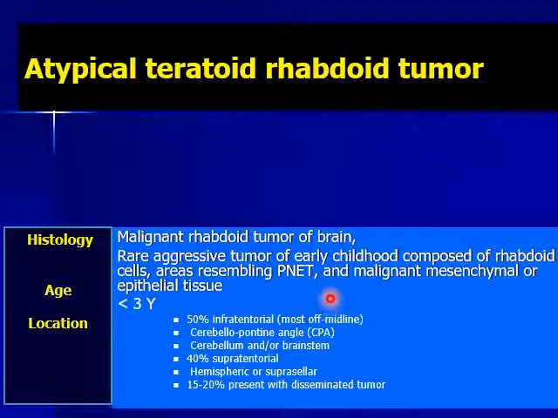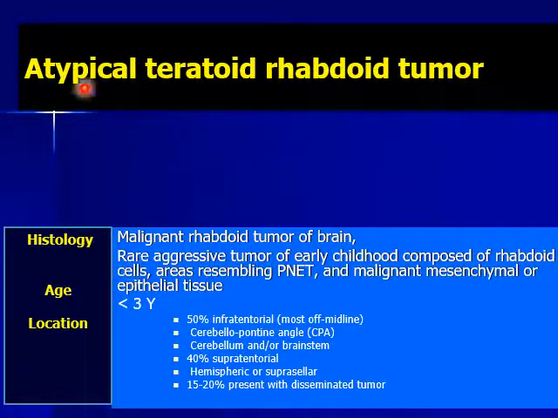You remember atypical teratoid rhabdoid tumor? This is a very malignant tumor that we can see in infancy up to the age of 3 years old. It simulates medulloblastomas in its imaging features, and it can affect any areas. It can be seen intraventricular or within the cerebral white matter, basal ganglia, supratentorial, sellar, and so on.